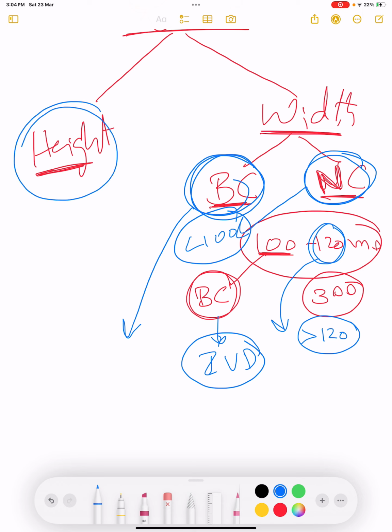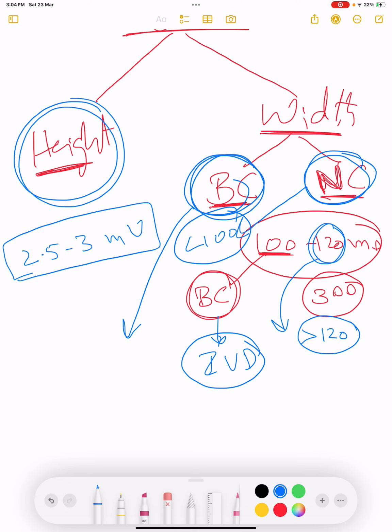As far as height of QRS complex is concerned, the normal height is about 2.5 to 3 millivolt, and we know that 10 small squares is equal to 1 millivolt.